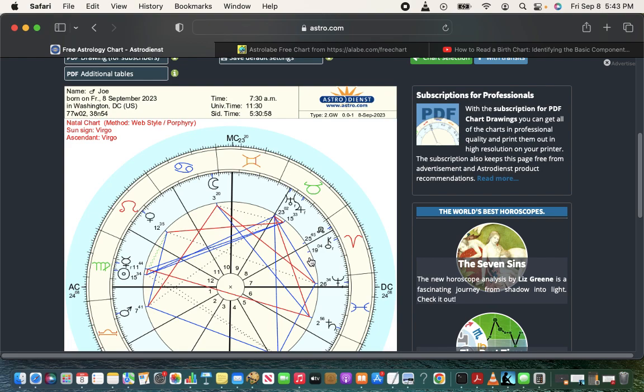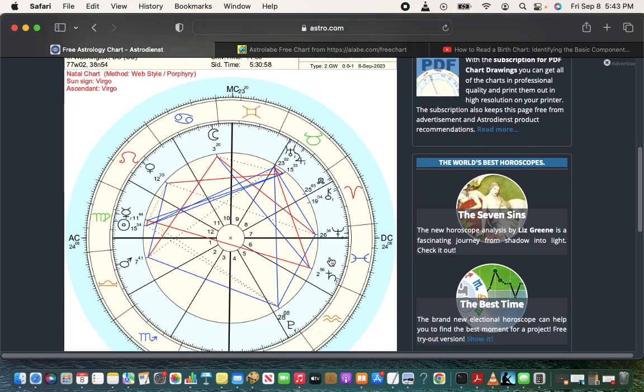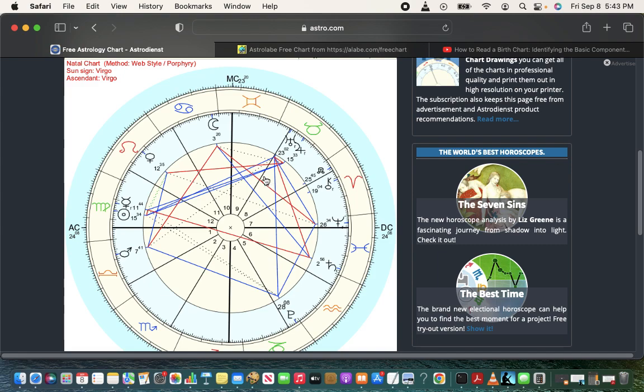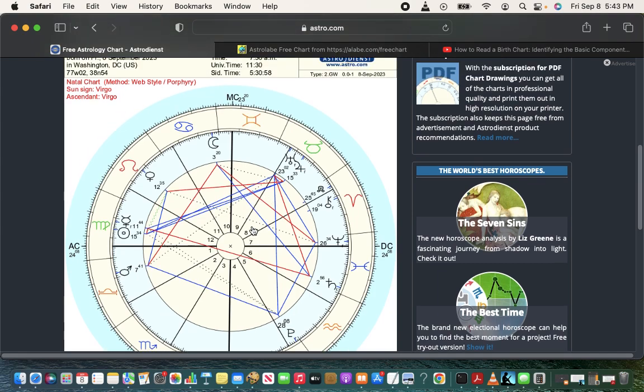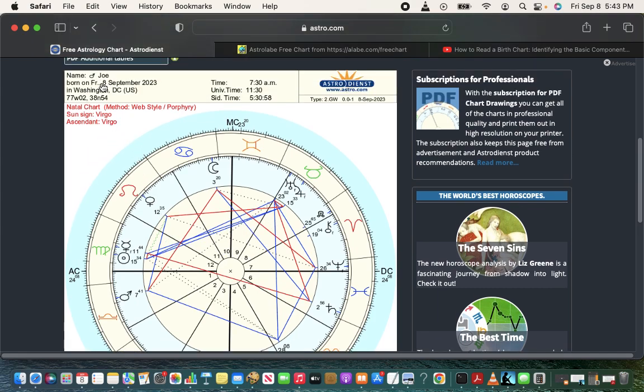And then once you are familiar with some of these terms and familiar with these charts and these maps, then you can interpret what this might mean for a person who's born at this day and time, September 8th, 2023, 7:30 a.m.